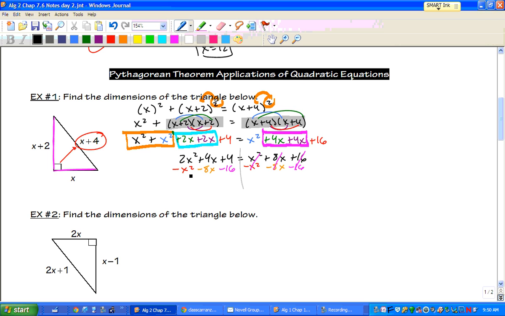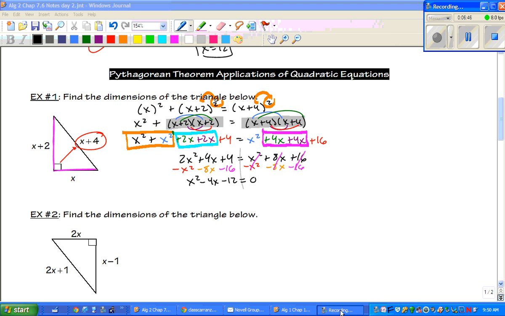All of those cancel out, and we get x squared minus 4x minus 12 equals 0. Okay, and now that we have one side equal to 0, we can go down and factor that.